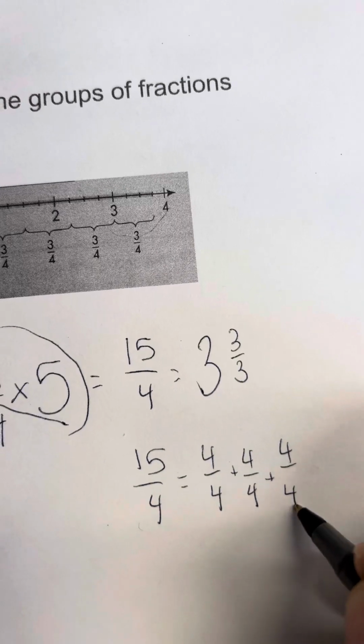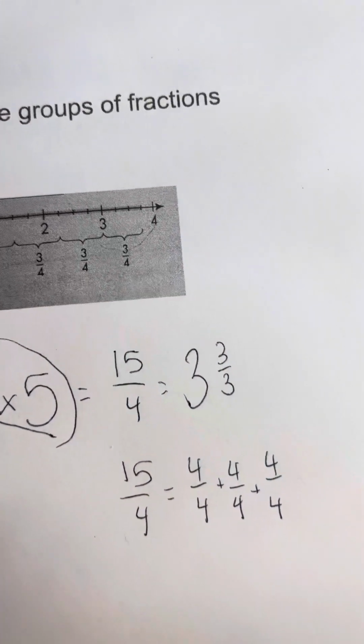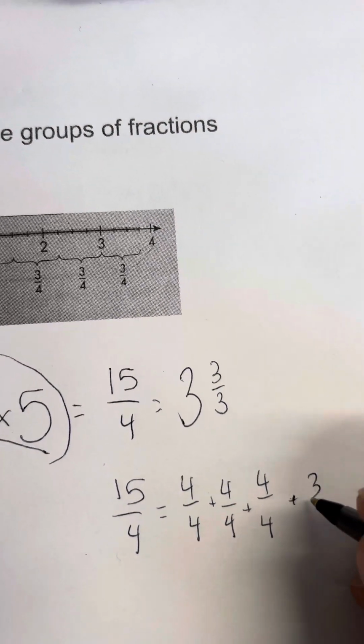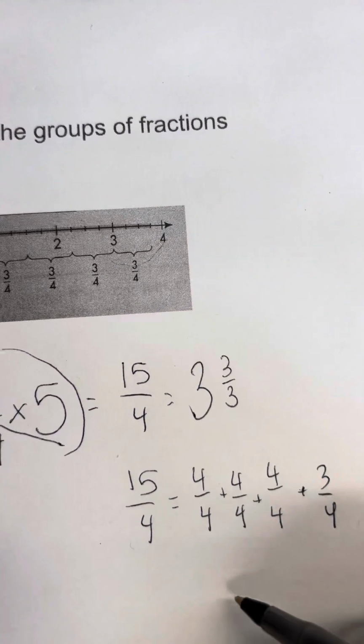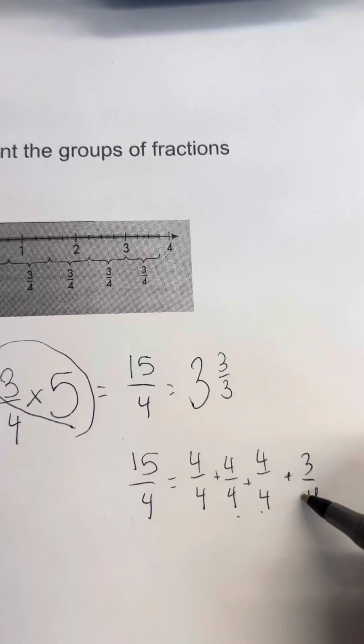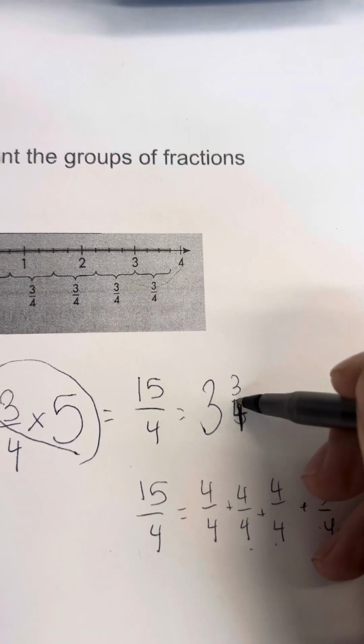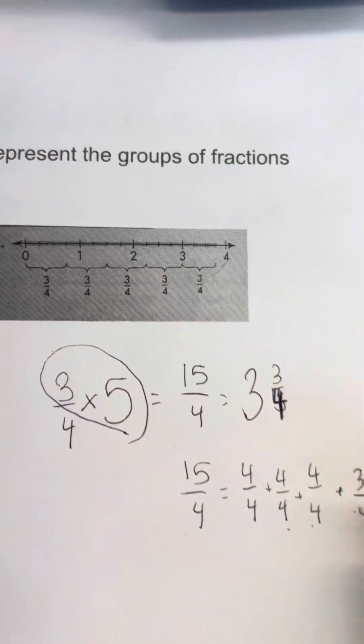Another 4 is 12/4. I don't have enough, right? 13, 14, 15 is only 3/4 more. So I have 1 plus 1 plus 1 plus 3/4, is 3 and 3/4. Sorry, that should have said 3/4 up there.